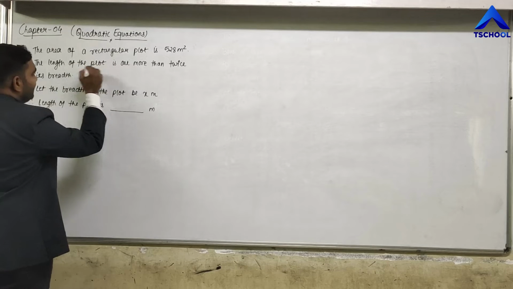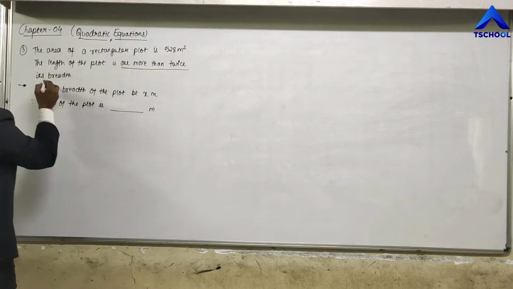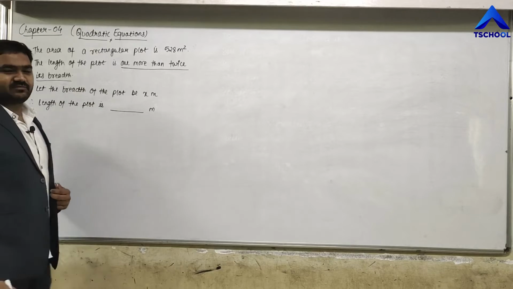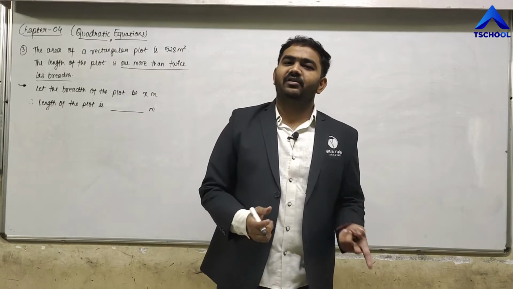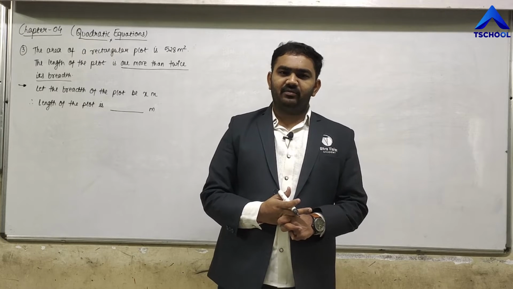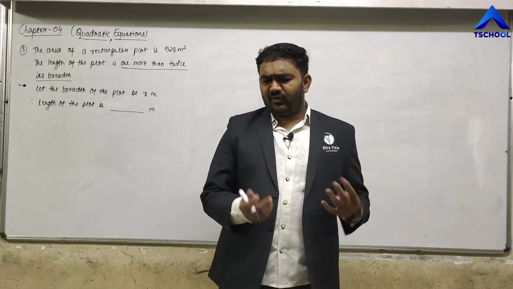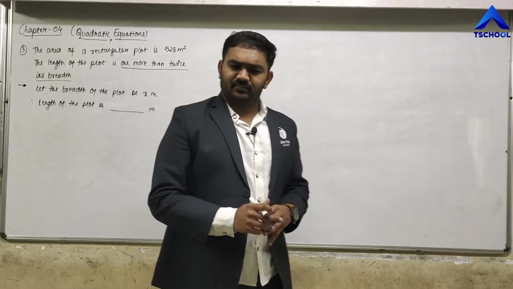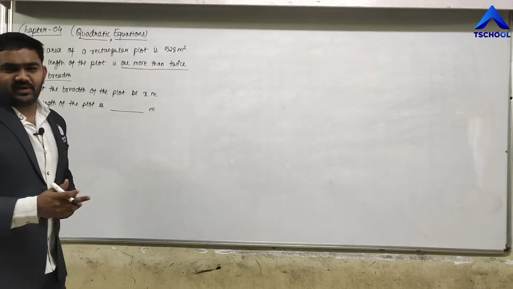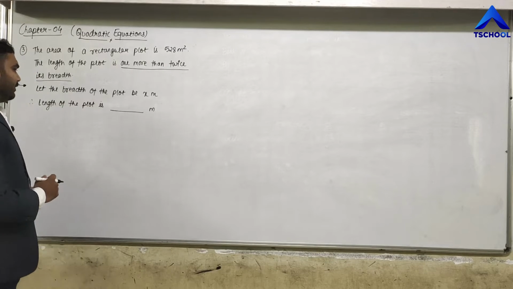Understand that length is one more than twice its breadth. So first of all, twice its breadth, that is 2x, and one more than that means we add 1 to this. One more than this, one less than this, 5 less than this, less than 5 of this, all of this needs to be understood clearly.